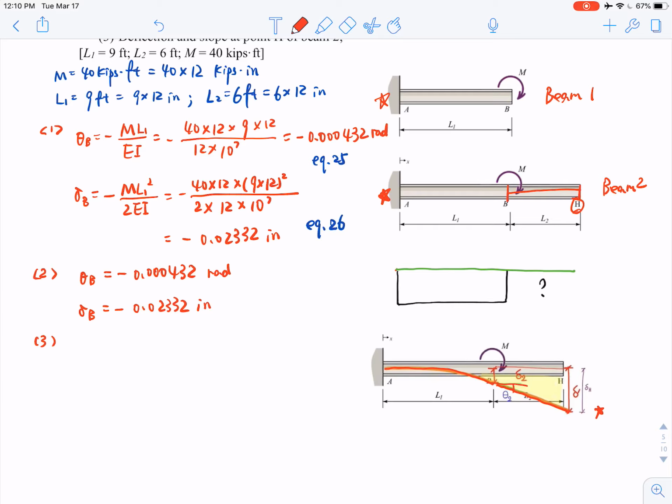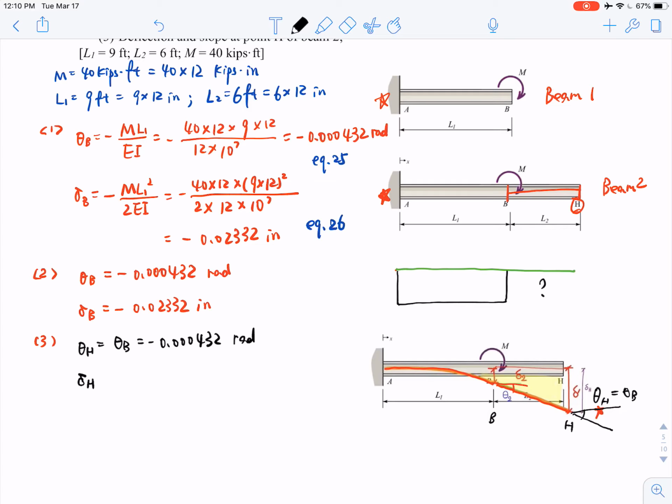This value will be the same at point H, since they will have the same tangent direction at point H and point B. So here, theta H equals theta B equals negative 0.000432 radian.